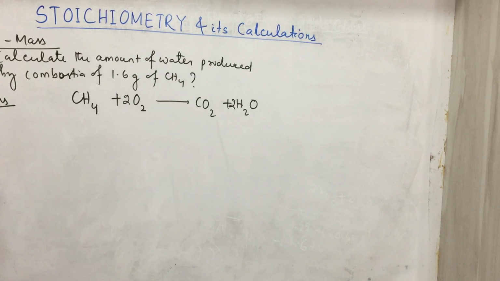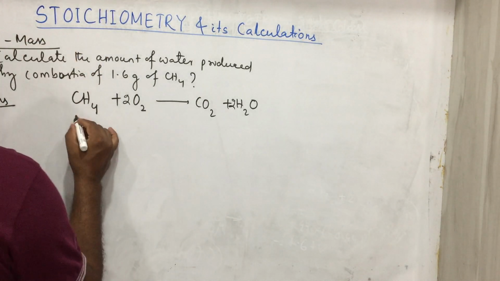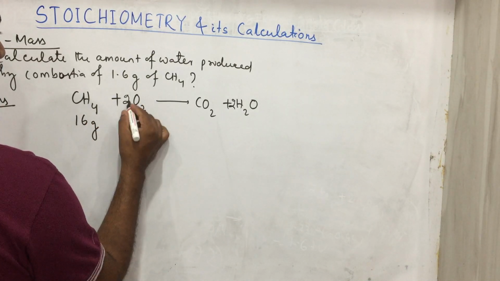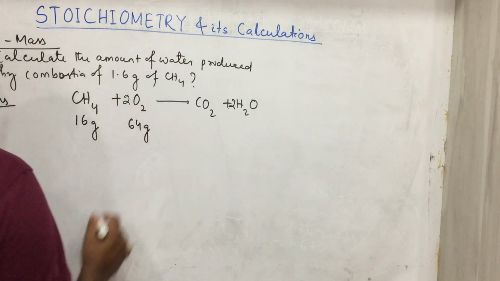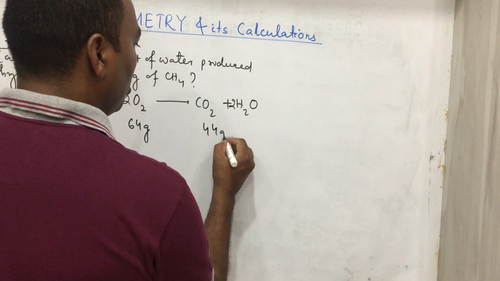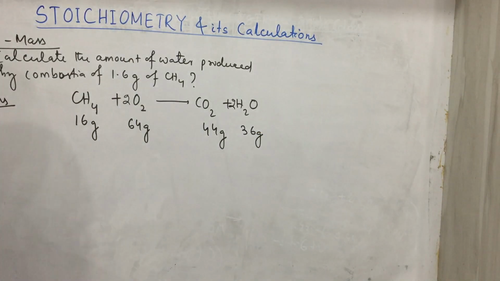Clear? Then what is the third rule? Write the mass of each molecule. Methane mass we know is 16 gram, oxygen is 32 into 2, that is 64, CO2 44, water 18 into 2, 36.